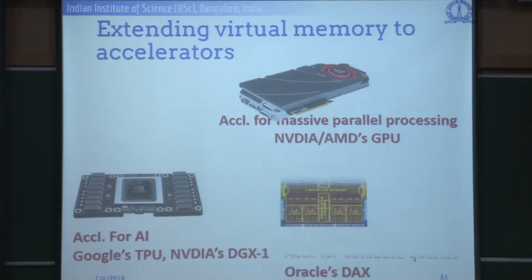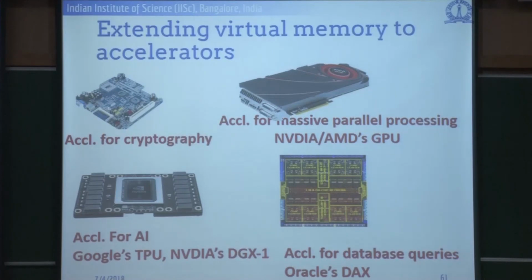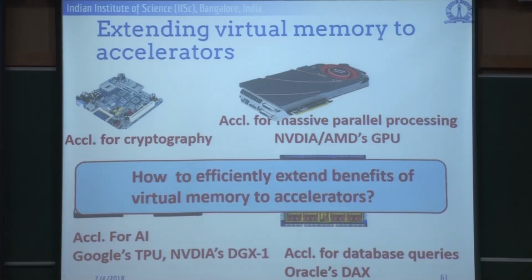There are other accelerators, like TPUs for AI, and accelerators for databases and all those. So there is this open area of how to efficiently extend virtual memory to different kinds of accelerators, and different accelerators have different needs. That's an interesting problem.